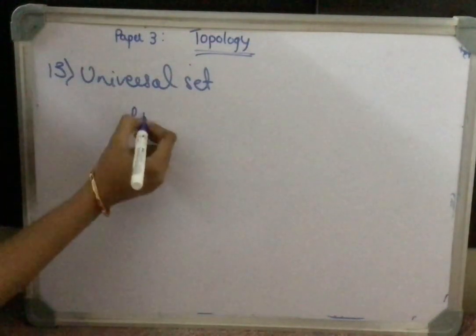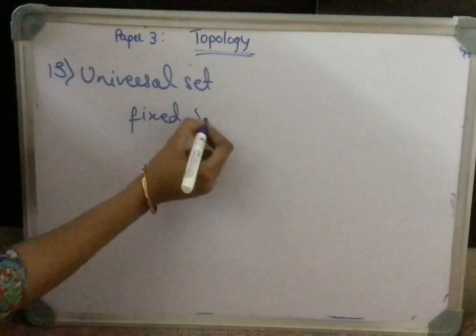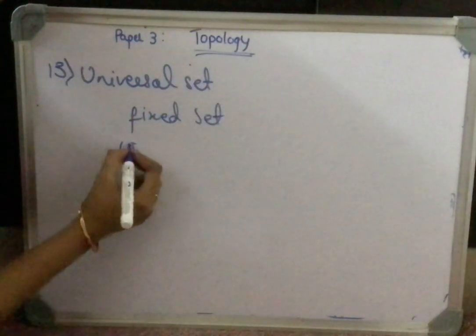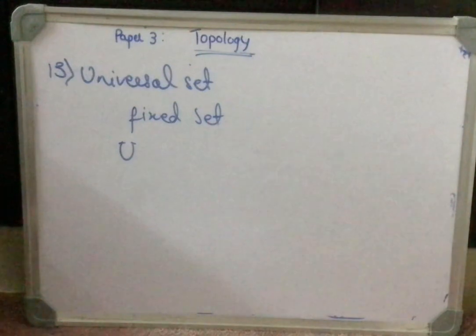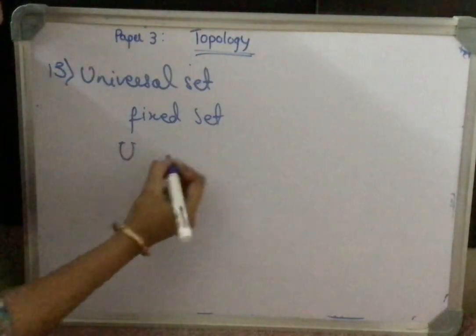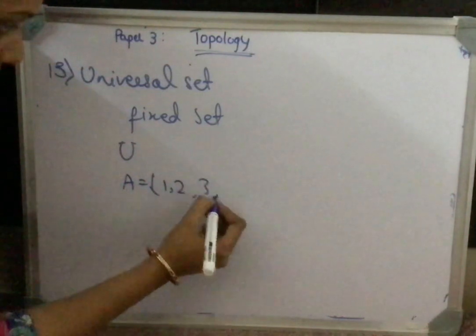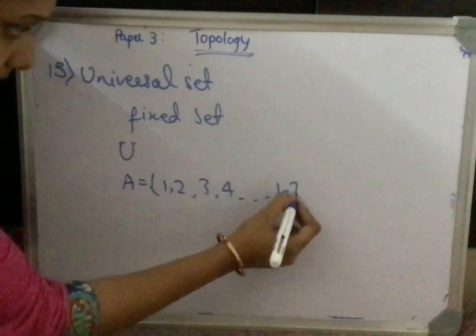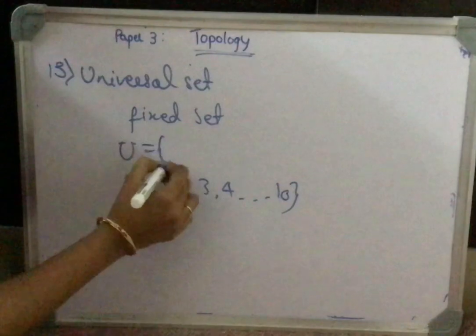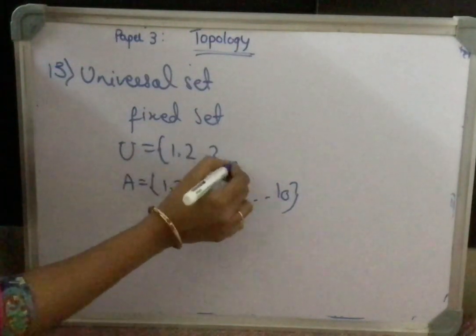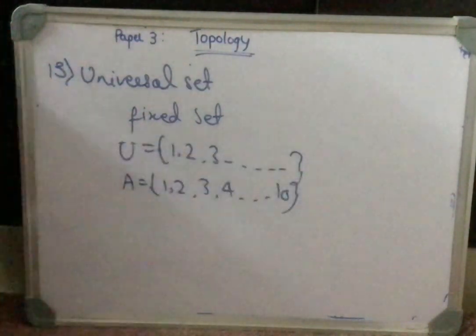That fixed set is called the universal set. Universal set is usually denoted by the letter U. So for example, if you take A as 1 2 3 4 up to 10, then you can take the set of natural numbers as the fixed set.